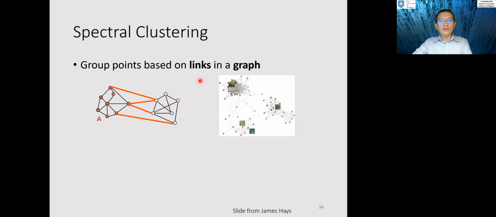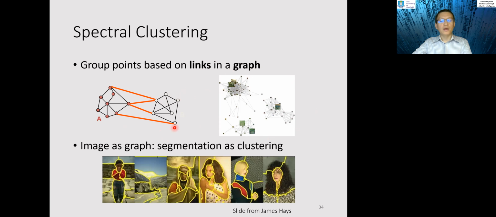So that is the data structure for spectral clustering. It basically models data as a graph. For example, we can view the image segmentation problem as a clustering problem, where an image can be modeled as a graph by treating each pixel as a node or a point in a graph.